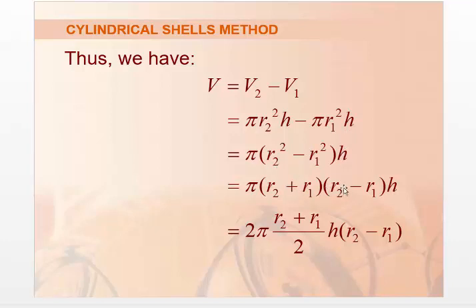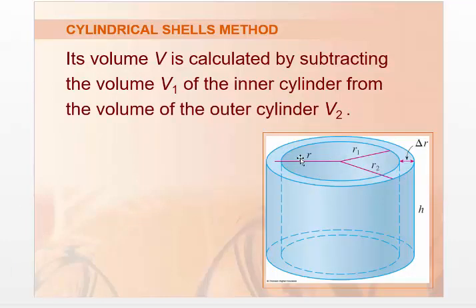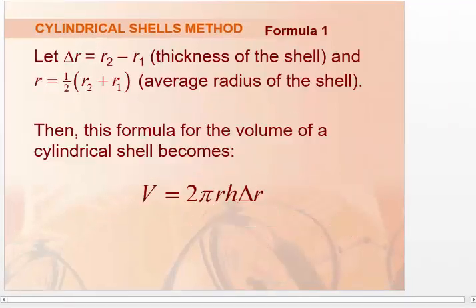And then I'm going to do something interesting here. I'm going to add a 2 in front here. If I multiply by 2, I have to divide by a 2. All right, why did I do that? Let's see, this R2 plus R1 divided by 2, that's the average of the radius of R2 and R1. Well, if you look back here, I denoted that just as R. All right?